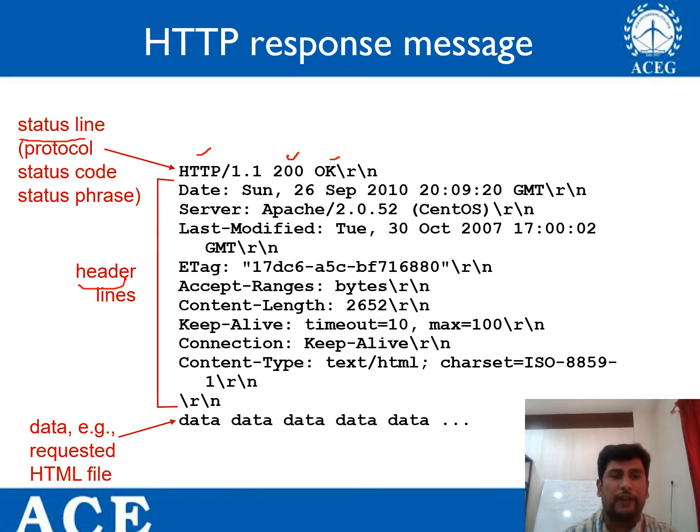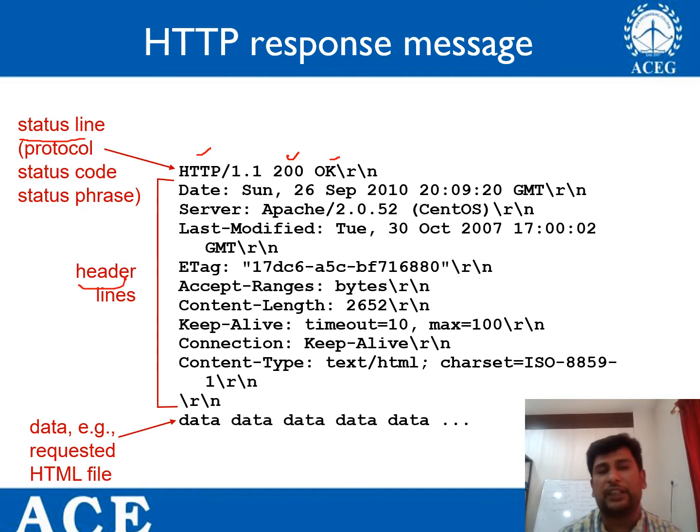This is what we have in the status line. For instance, here in this status line, we have different status codes and corresponding phrases. Here I have taken a status code of 200, which means that everything is okay. And similar to the request message, here also every line will end with carriage return and line feed.